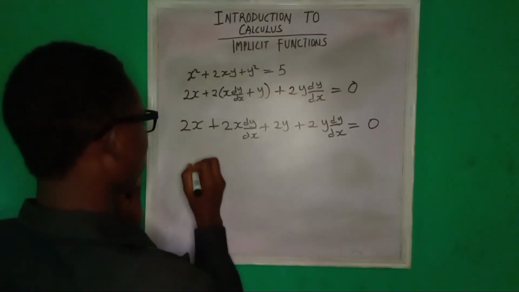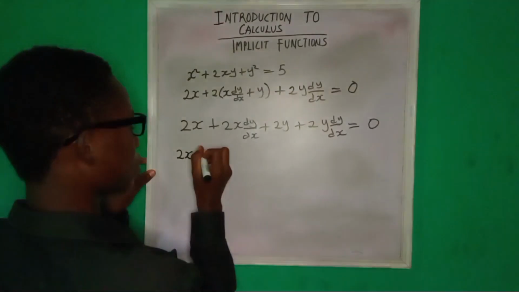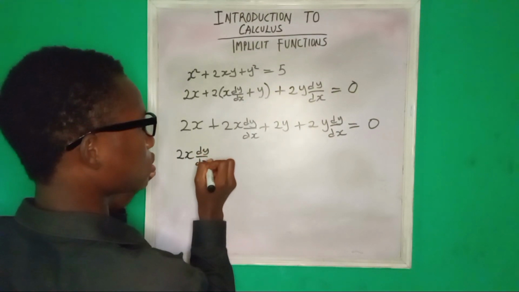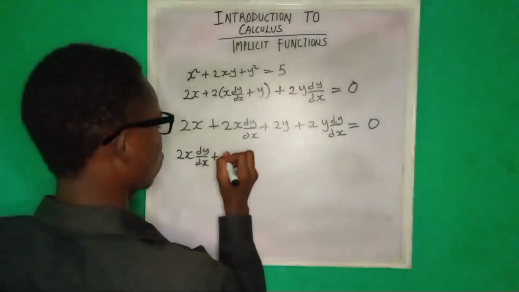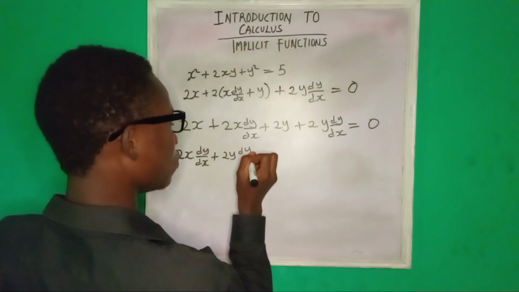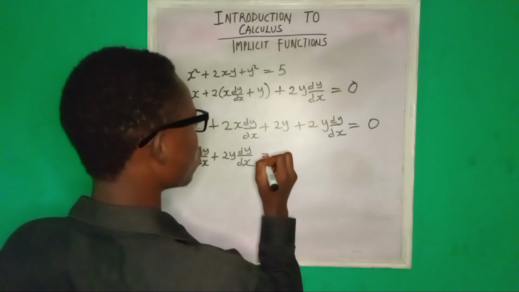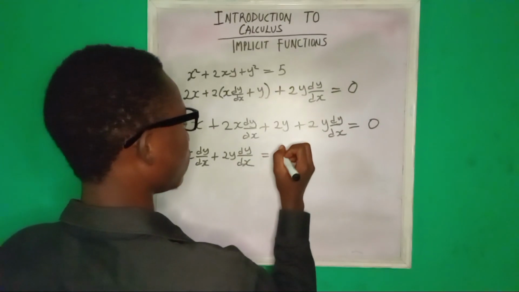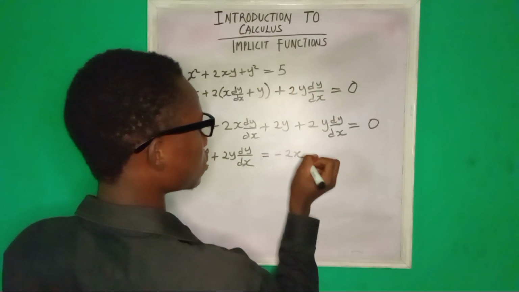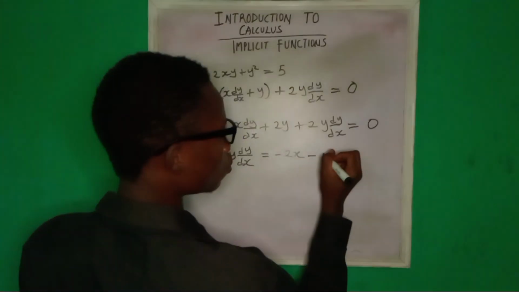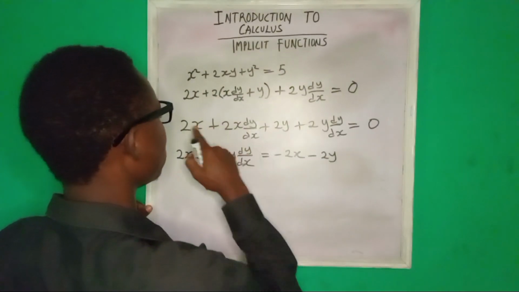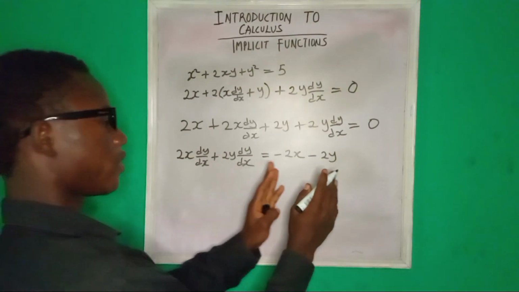When making this the subject, we have 2x dy/dx plus 2y dy/dx is equal to, when we bring this over here, minus 2x and minus 2y. We bring this over here, and this over here. So we have it this way.